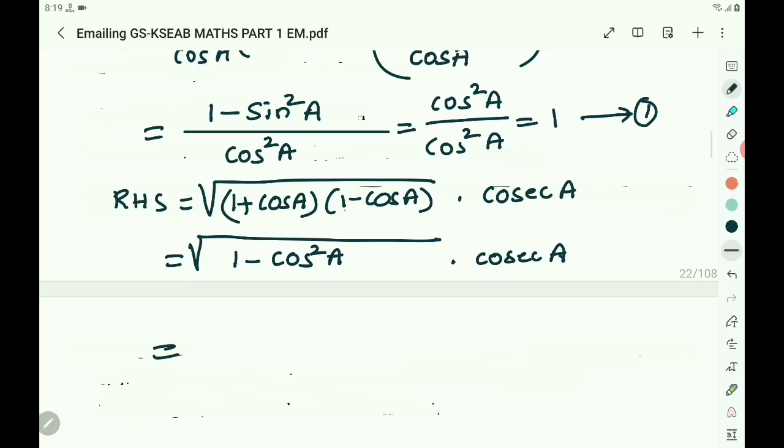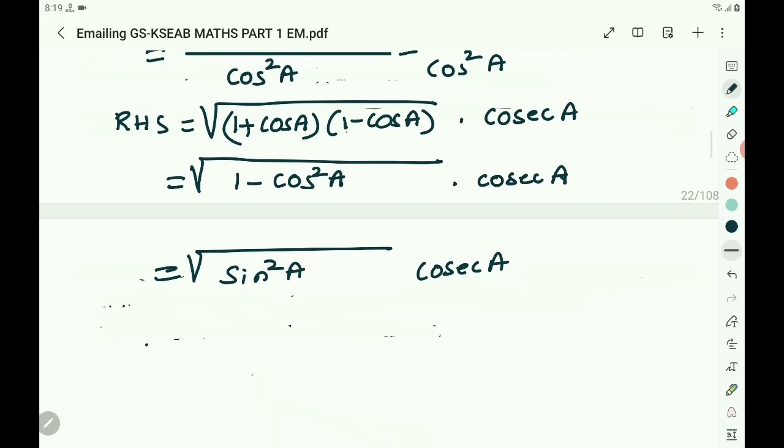Then 1 minus cos square A is sin square A. So you write root sin square A, and write cosec A as it is, equals, and root of sin square A is sin A. Here if you remove the root, square cancels, root of sin square A is sin A into cosec A. You know that sin and cosec are reciprocal of each other.